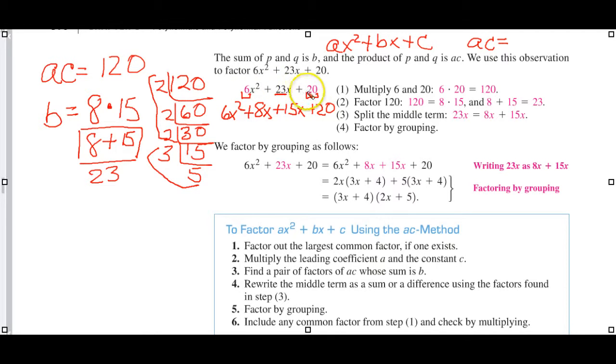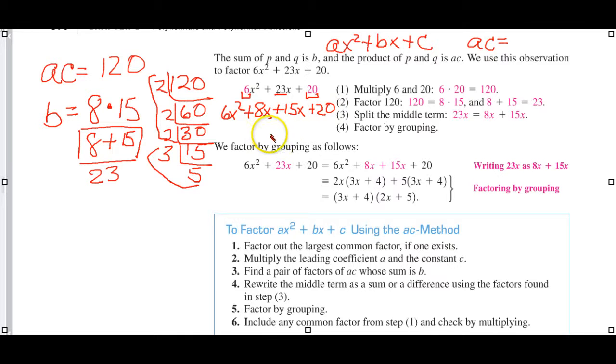So now this trinomial is equal to this polynomial. I've just taken my b term and divided it into two parts that when I multiply them make the 120 of AC, but right now that's it.